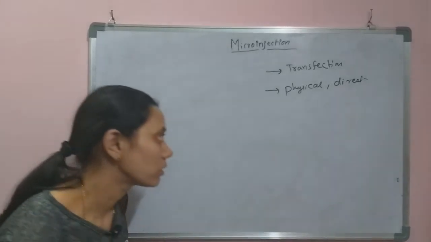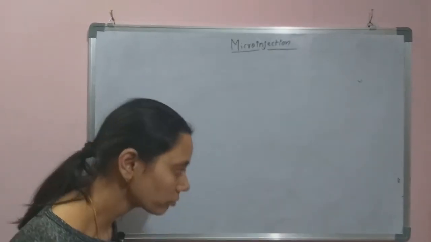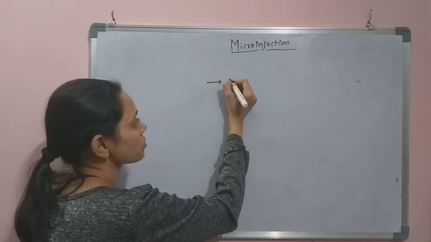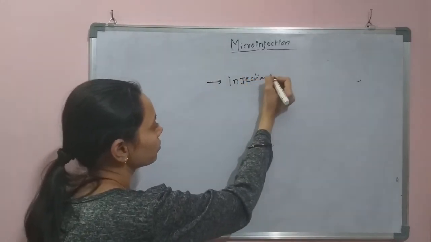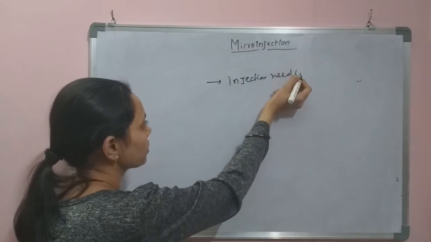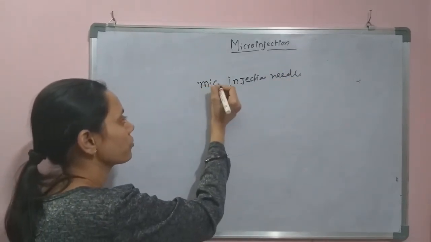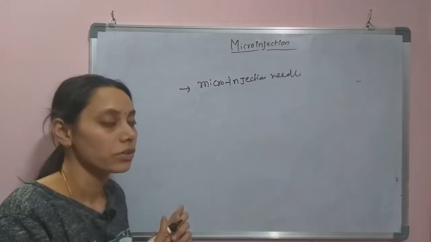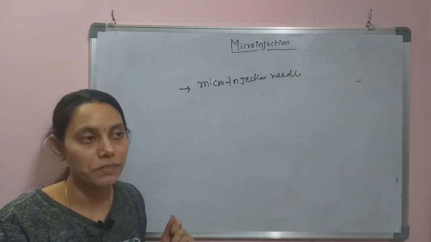Basically, the instrumentation design contains the major parts. One is an injection needle. This is a microinjection needle, unlike a normal injection. The needle is a very small, tiny, very thin structure.